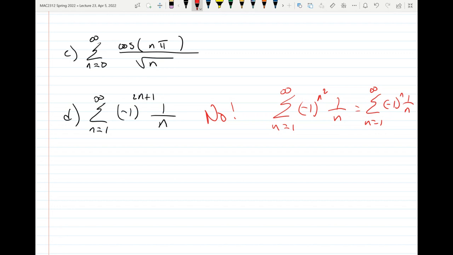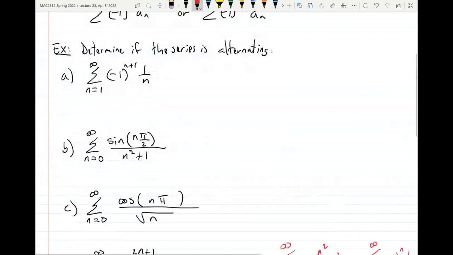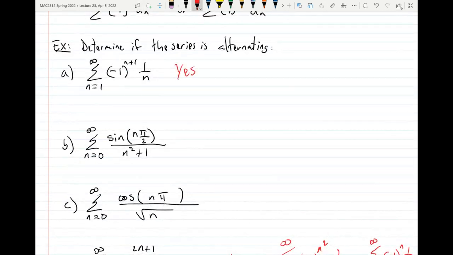So you can erase this and put negative 1 to the n. So this one is a yes, it's alternating. Now this one is also yes. And the point, for you to get alternating, is that the power of the negative 1 has to be consecutive numbers, or at least numbers that alternate between even, odd, even, odd. That's how you get your alternating behavior. Okay, just keep that in mind.